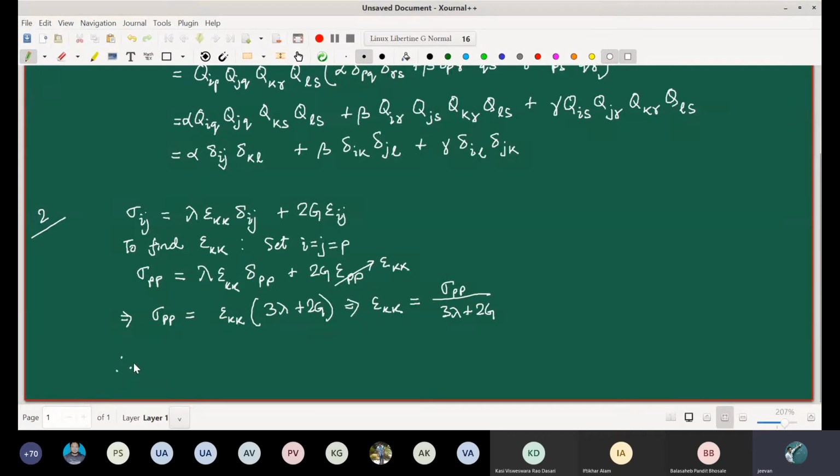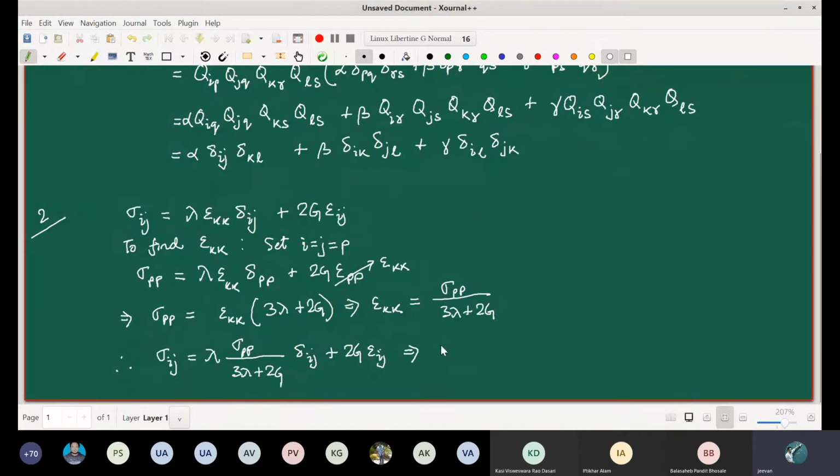Therefore, if we go back to this original relation, what we'll have is sigma ij is equal to lambda, and epsilon kk I can replace by sigma pp divided by thrice lambda plus twice g, times delta ij, plus twice g epsilon ij.